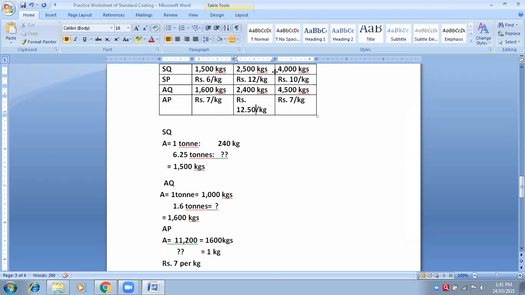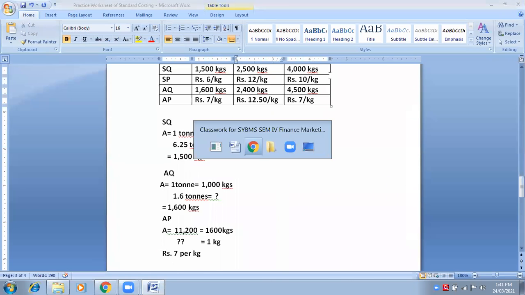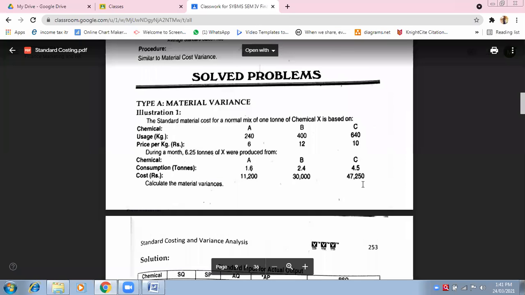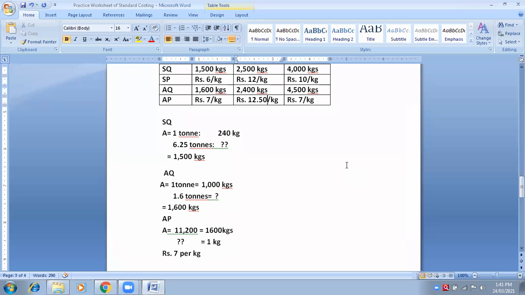Next, do it for C also. 47,250 for 4,500 kgs. How much would it be for 1 kg? 10.5. Okay.